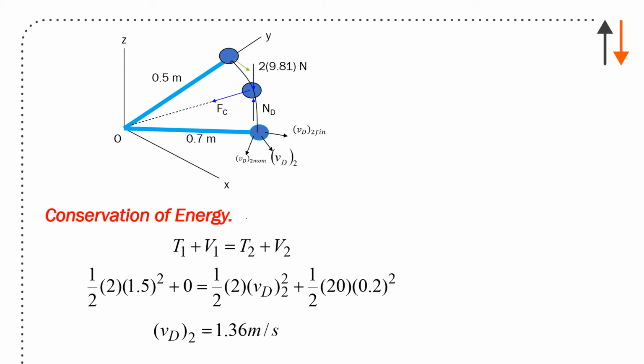I have initial potential energy, which is 0 for the spring. I have final kinetic energy, which I don't know. And I have the final stretch of the spring, which is 1/2 k x squared. And I get a velocity at 0.2, total velocity of 1.36 meters per second.